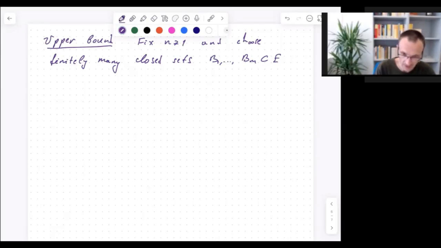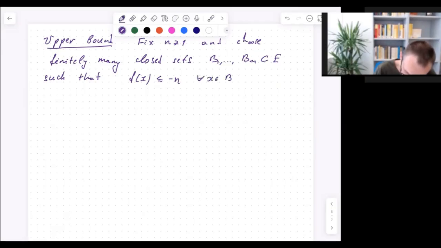They are any sets such that the function f is small outside of them: it is less or equal than minus n for every x belonging to B0, which is the complement of the union of the sets Bk. Actually, this B0 is all points outside the sets that we choose.